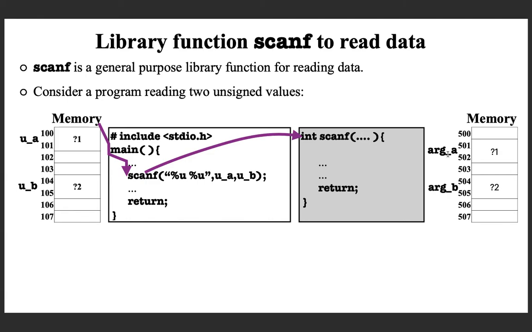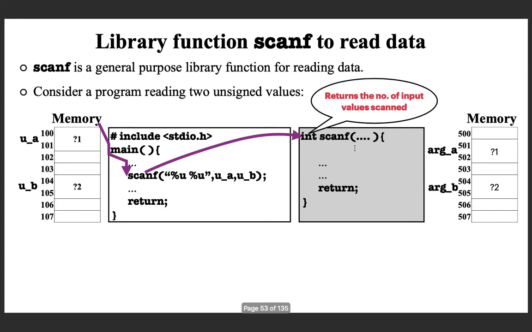Assume that they are argument a and b. Now what are passed to it? We know that whenever a function call gets executed, the values which are now unknown values 1 and 2 are passed to it and is now stored in the local memory of the called function, which is scanf.